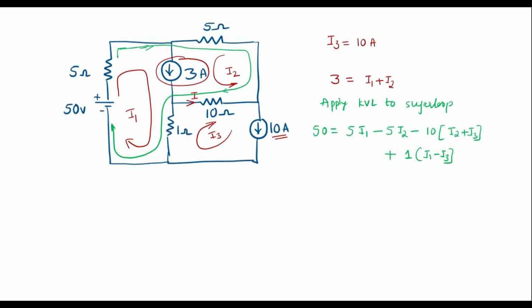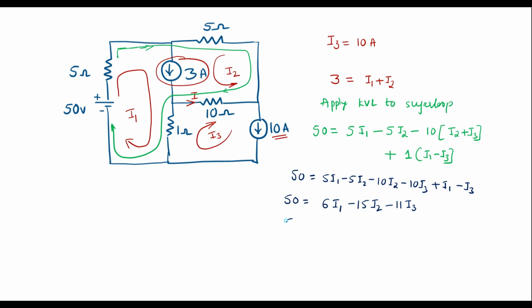Let me simplify this. 50 is equal to 5 I1 minus 5 I2 minus 10 I2 minus 10 I3 plus I1 minus I3. Or I can write 50 is equal to, here this is I1 and this is I1, that is 6 I1, and I2s are minus 5 minus 10, that is minus 15 I2. Then minus 10 minus 1, that is minus 11 I3.